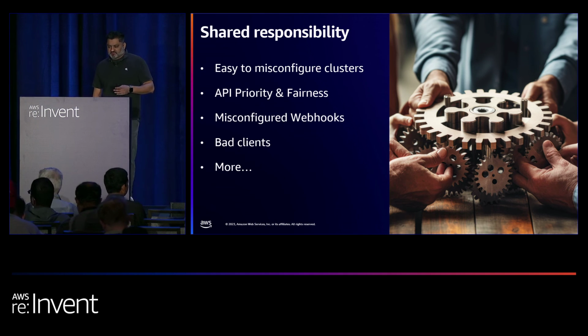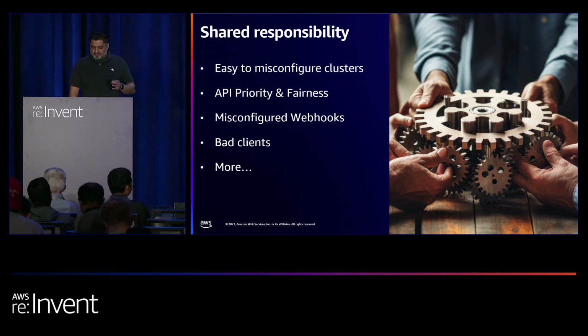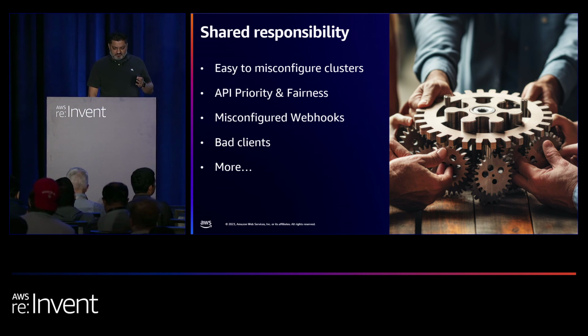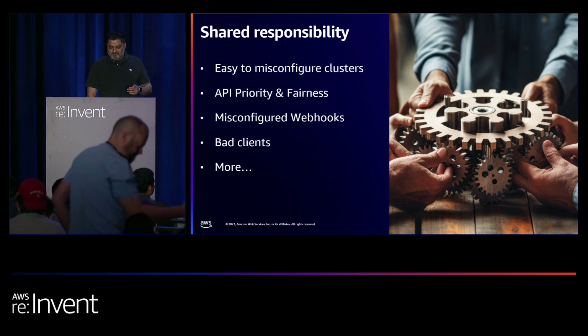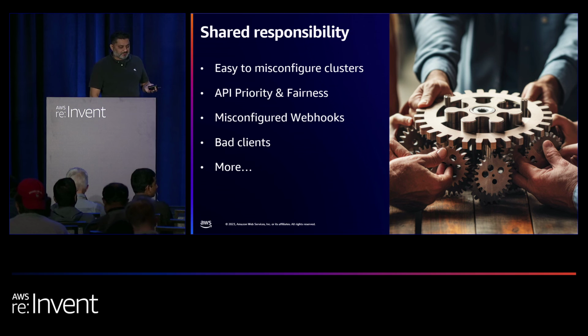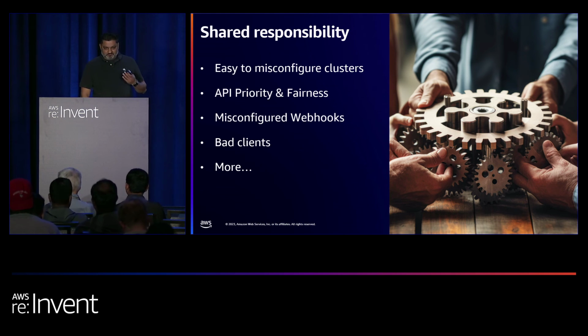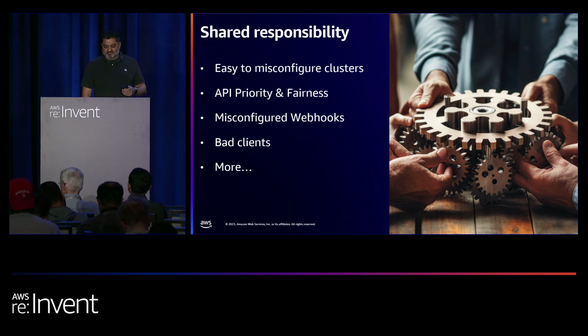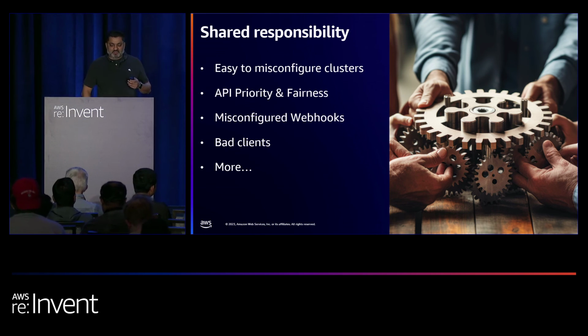I'll give you some tips in the next slide. We also have bad clients that have impacted the cluster itself. The Kubernetes API has different ways that you can design good clients to leverage things like the cache, and not cause unnecessary load on the API server.